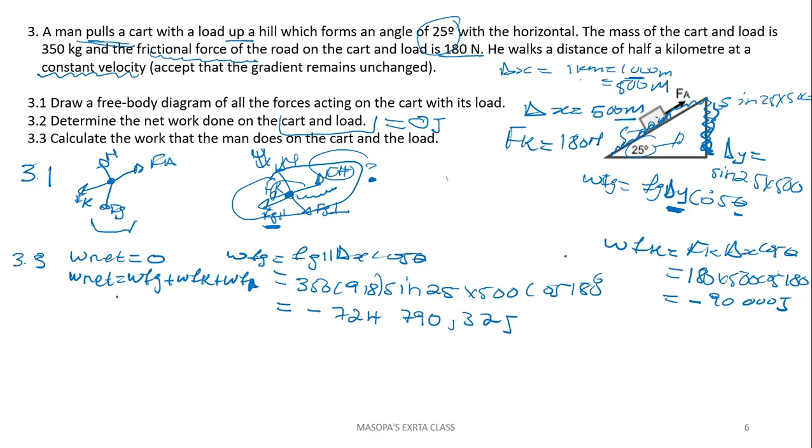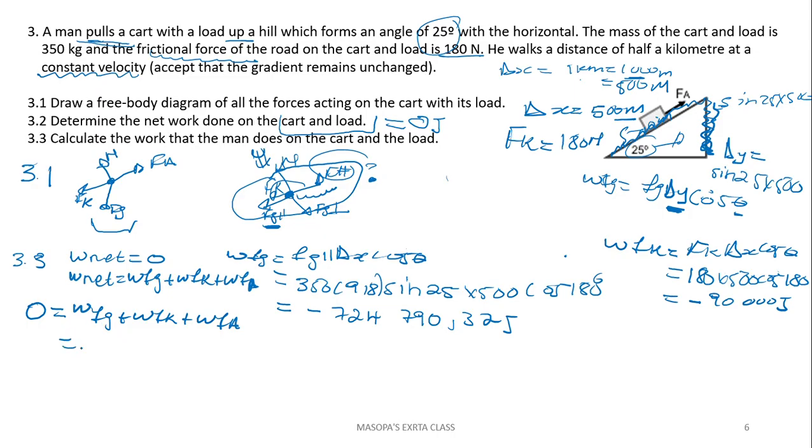And then you can simply say that our work net will be 0, because where we see net, you can substitute it with 0. Then you're going to have work net of Fg plus work net of Fk plus work net of Fa.